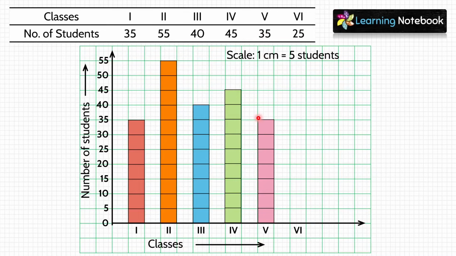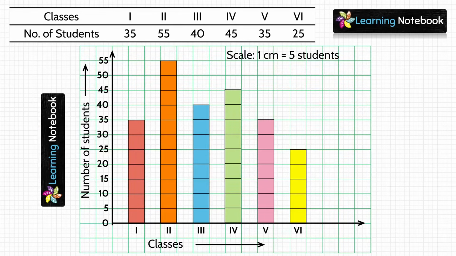So, this bar represents 35 students for class 5. And lastly, we have 25 students in class 6. So, let's make a bar till number 25. So here we have colored 5 blocks. So this is how we represent the given data using bar graph.